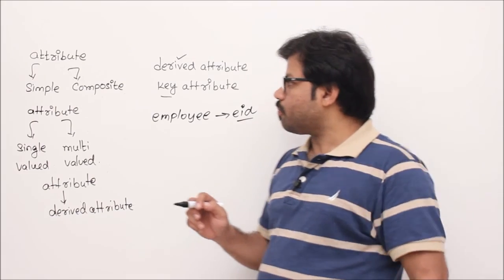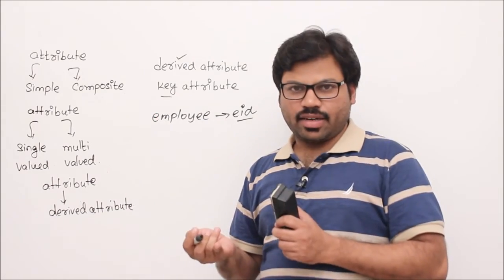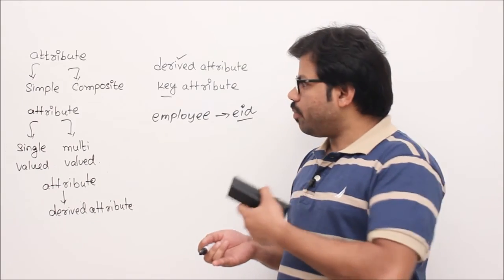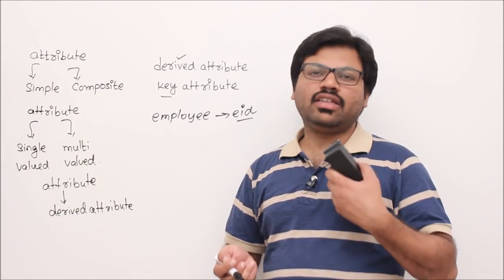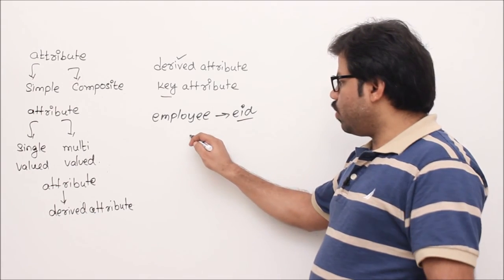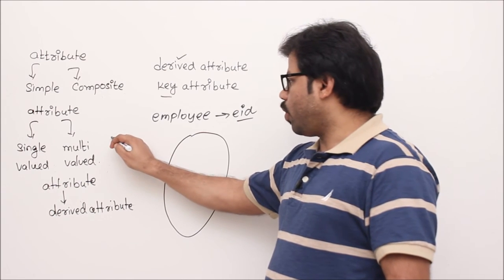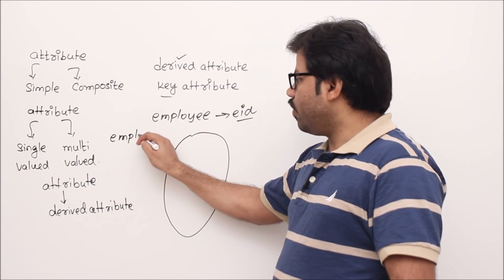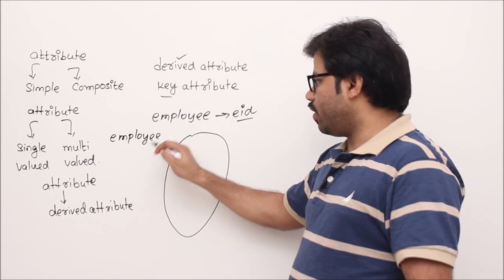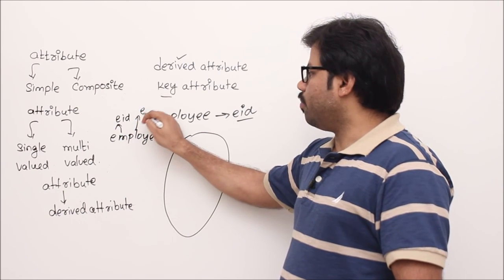Now we will see how to represent all the things you have learned in an ER diagram. Before that, how to represent your entity in set form, that means in a mathematical model. This is the way you can represent any entity. Example, I have an entity called employee. For simplicity, we take only two properties of that employee: employee ID and employee name.